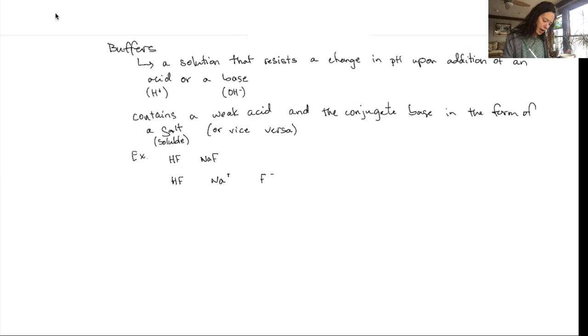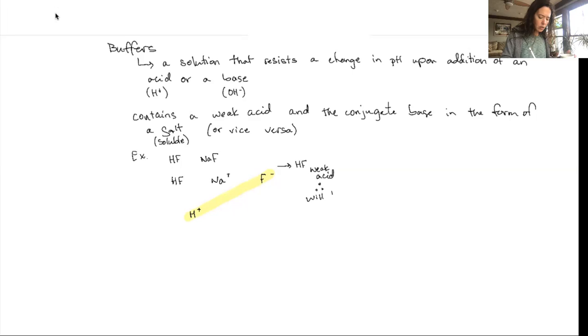If I was to add an acid to this system, is there anything here that it would react with and that would form? And the answer there is yes. This would form HF, which is a weak acid, and therefore will form.